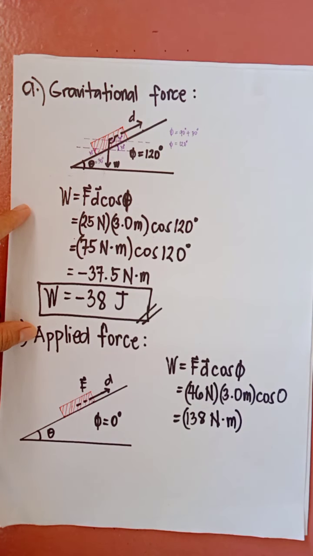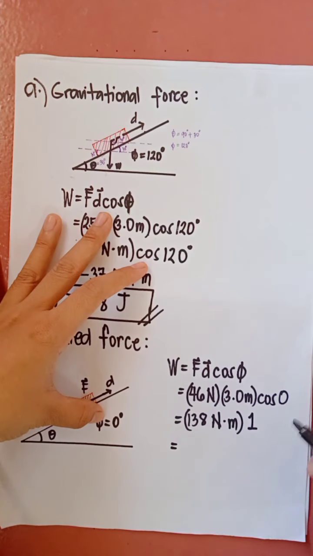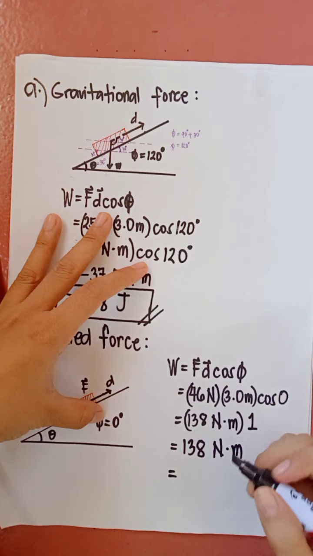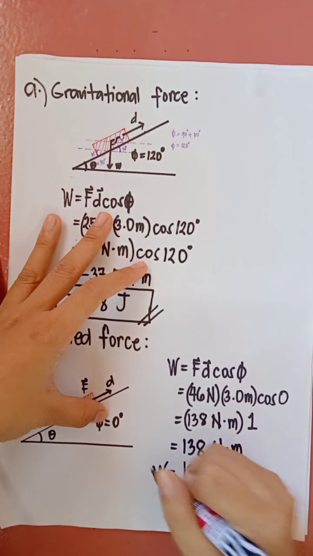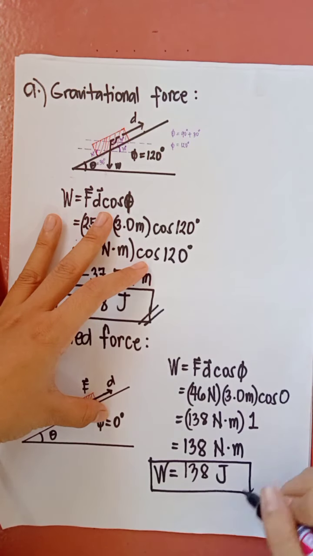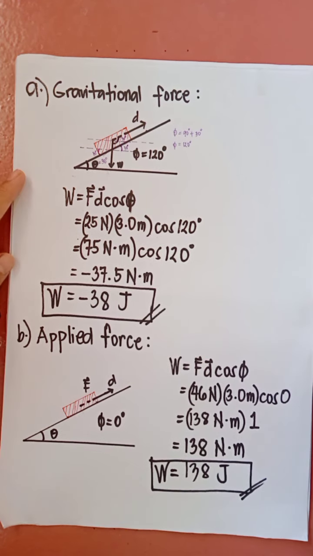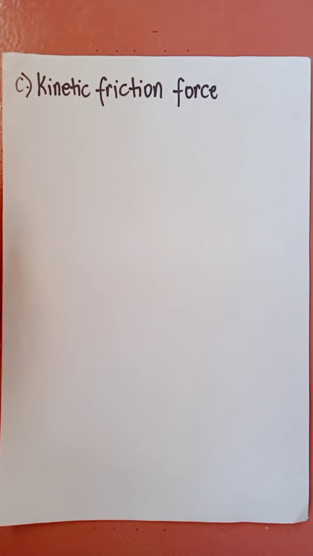Cosine 0 is equal to 1. Okay, we have 138 newton meters, or 138 joules. So the work done on the block by the applied force is 138 joules. Alright, next is the work done by the kinetic friction force.